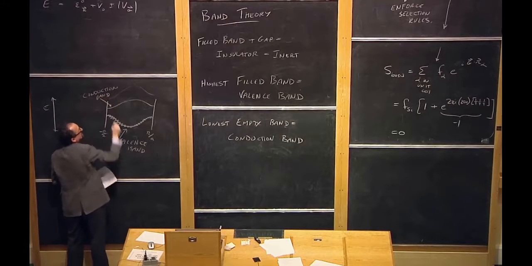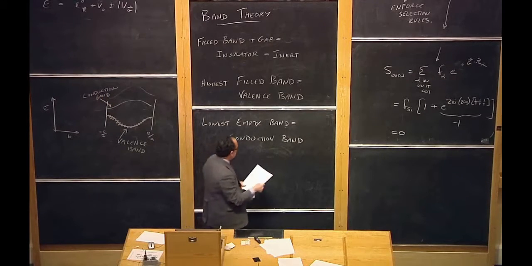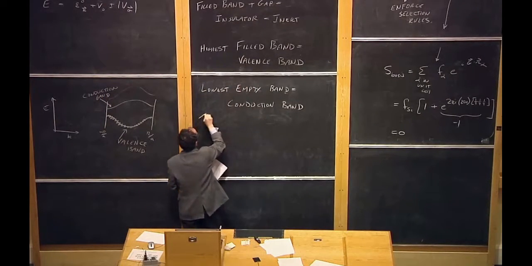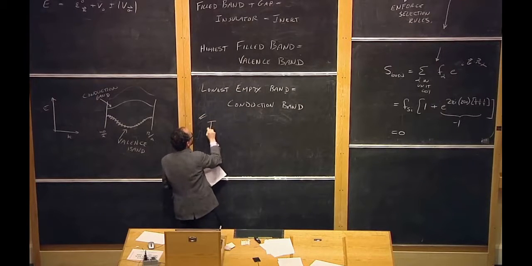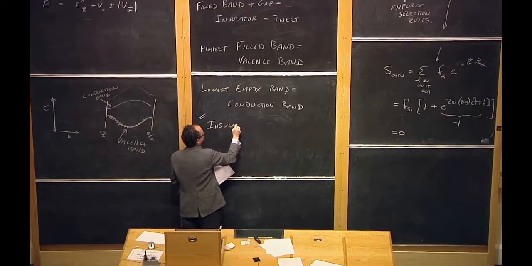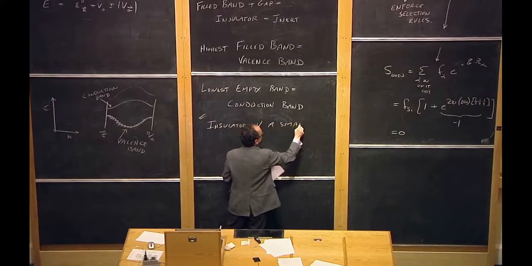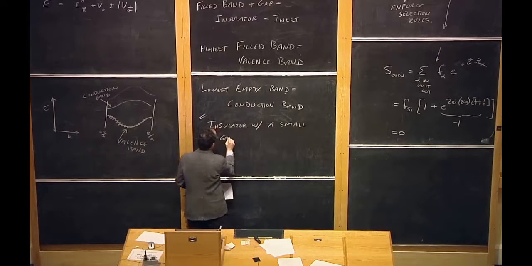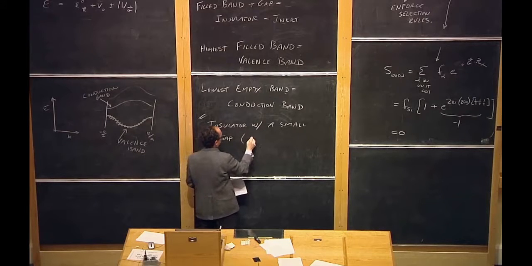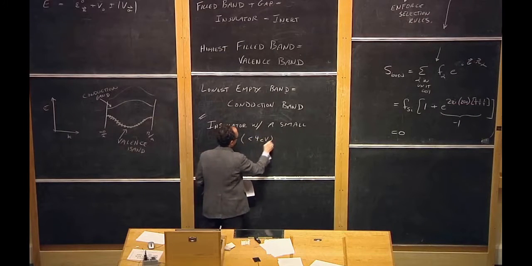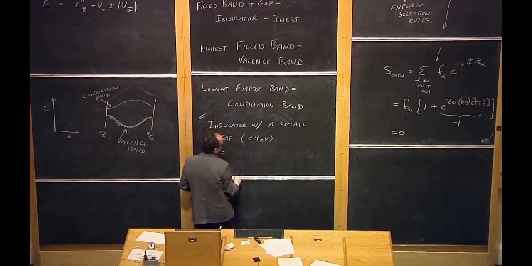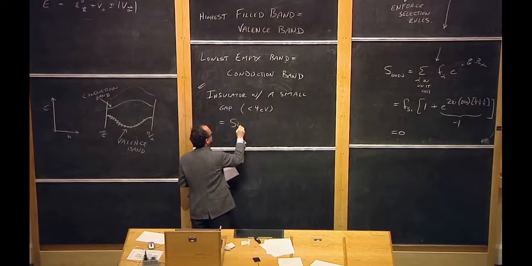Conduction band. Okay. So another important statement: an insulator with a small gap is known as a semiconductor. And small here is sort of less than about 4 electron volts.